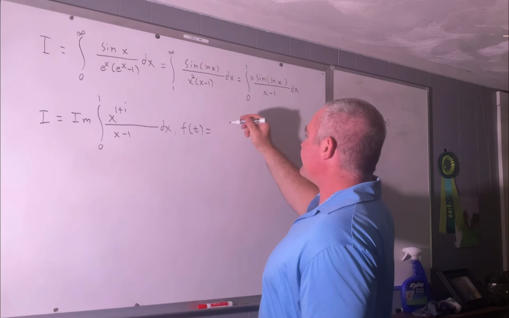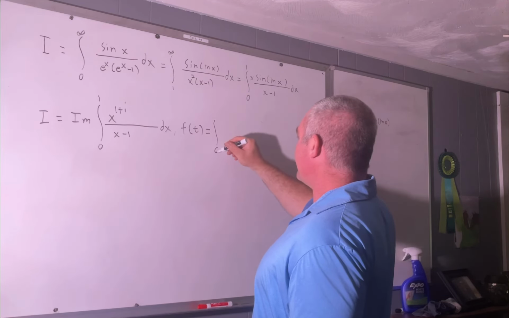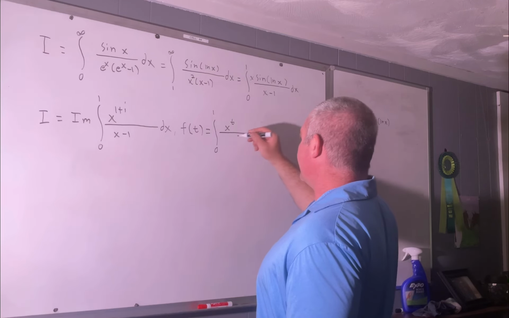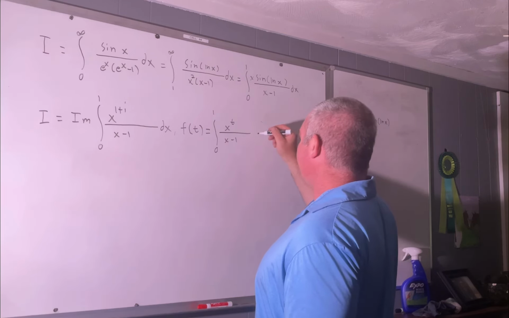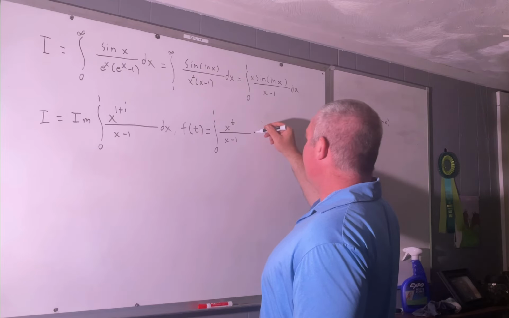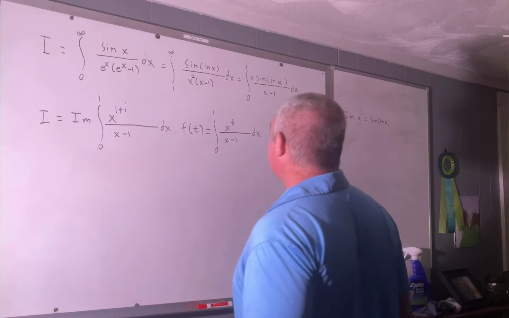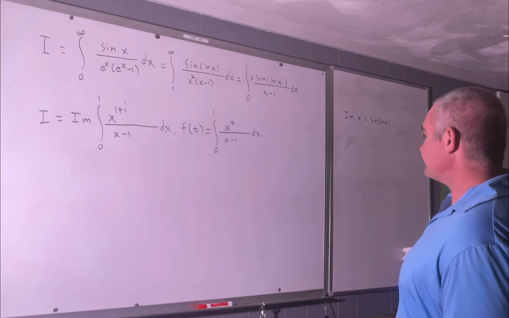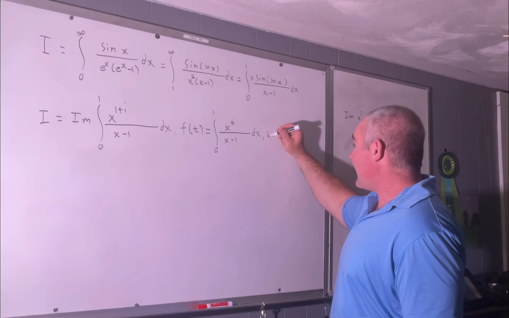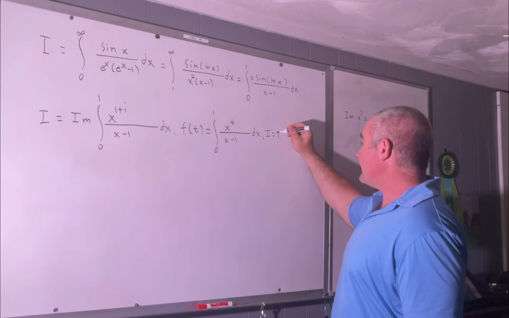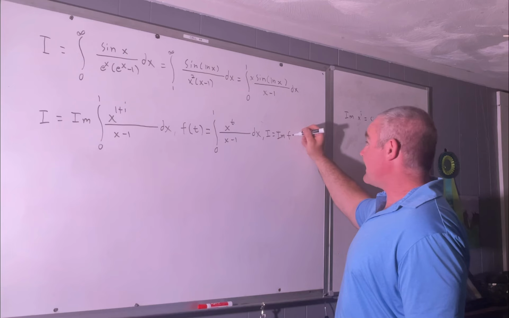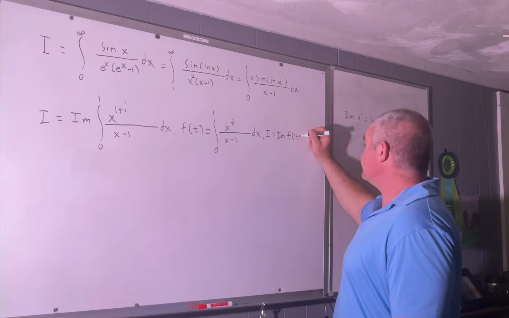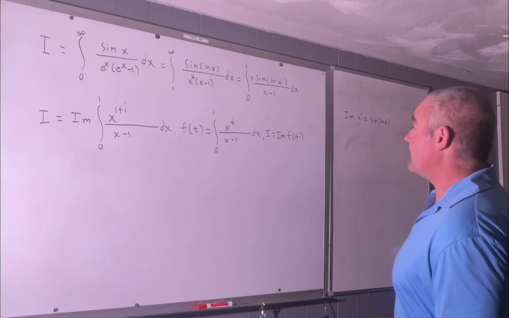And our function of t is going to be equal to the integral from 0 to 1 of x to the t over x minus 1 dx. And then we can say that I is simply equal to the imaginary part of our function f evaluated at the point 1 plus i. Okay.